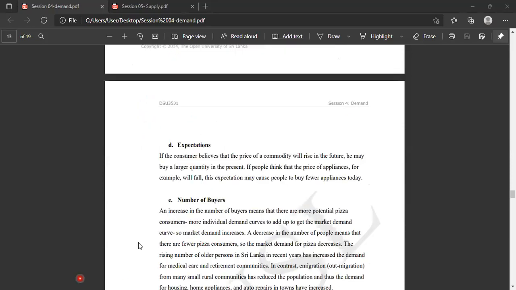Now see the expectations. Expectations in the sense, in future, what will happen to the price? That's our discussion. If the consumer believes that the price of a commodity will rise in future, he may buy a larger quantity in the present.